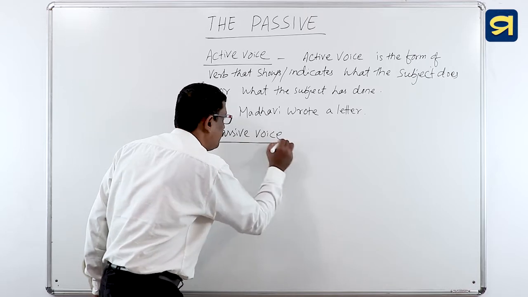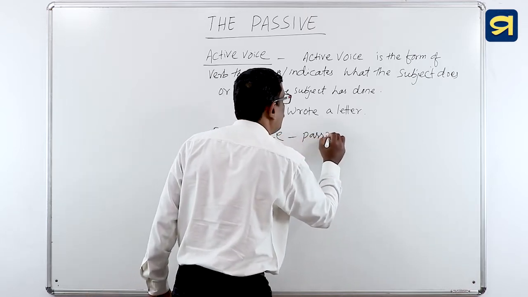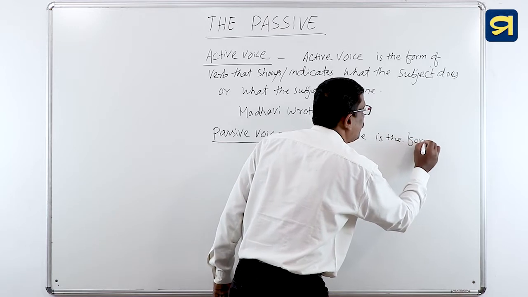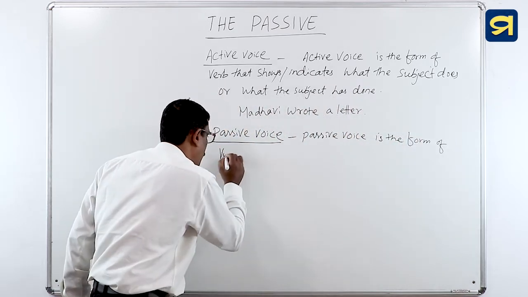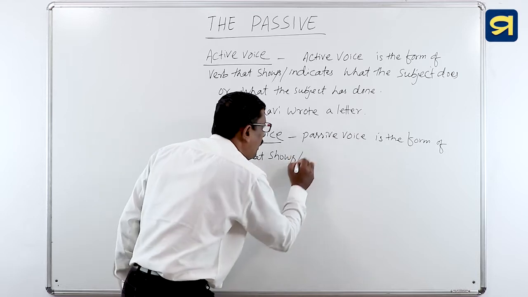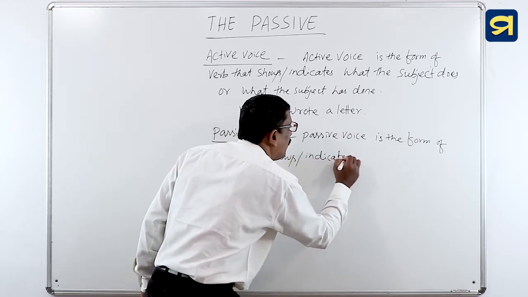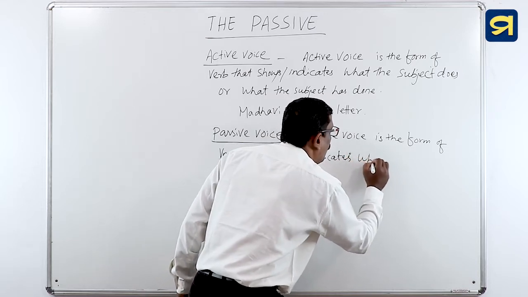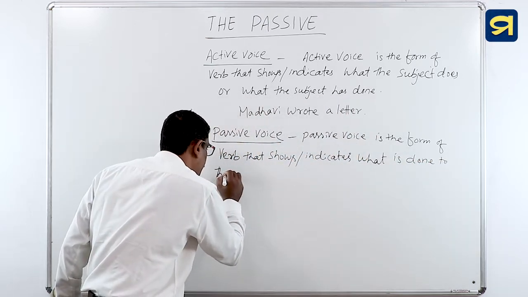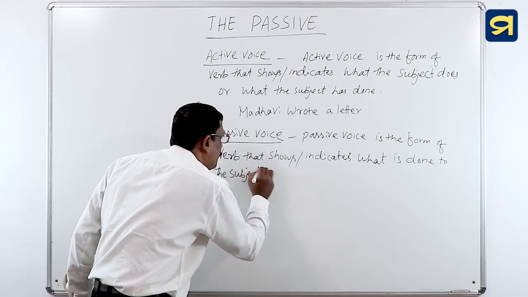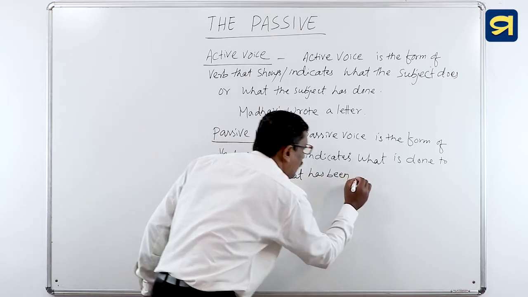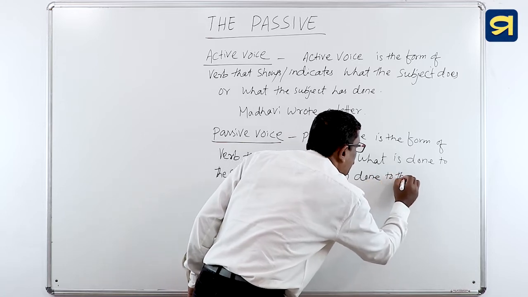Passive voice. Passive voice is the form of verb that shows or indicates what is done to the subject or what has been done to the subject.